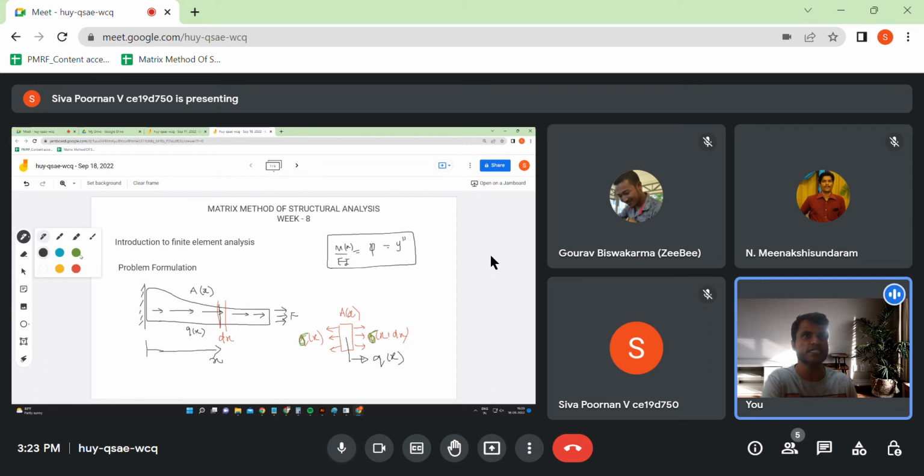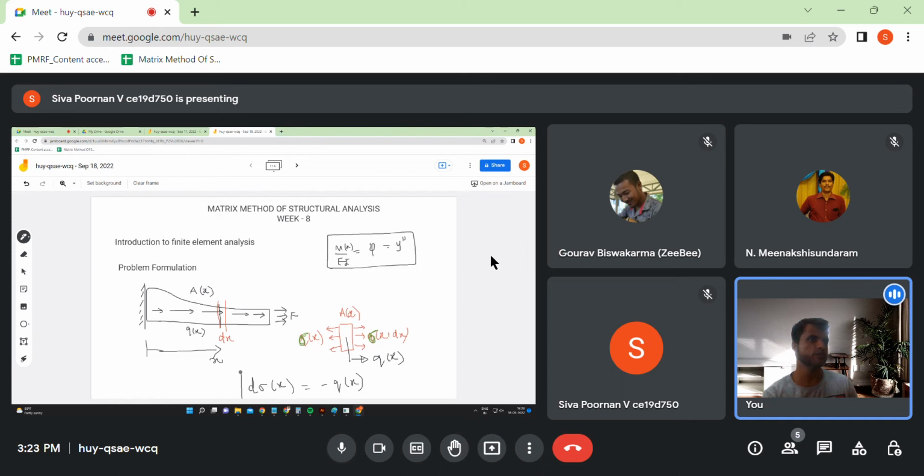Equilibrium says that the difference between these two forces, d sigma of x, should be equal to minus q of x, right? Is this right? So this is the equation that we would be getting.